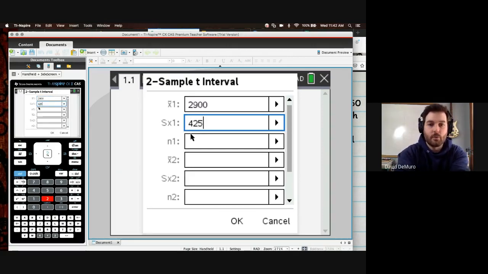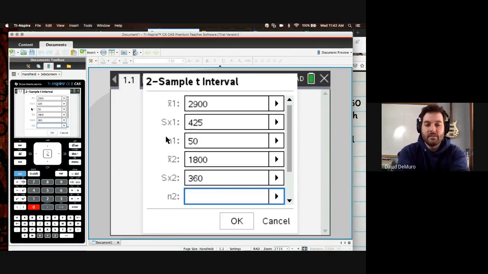Standard deviation was 425. And 50 is our sample size. Average rent for Chicago was 1,800. Standard deviation of 360, and the sample size there was 50 as well.